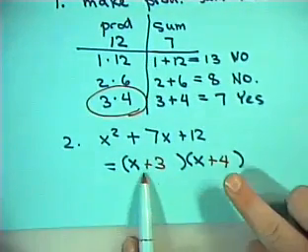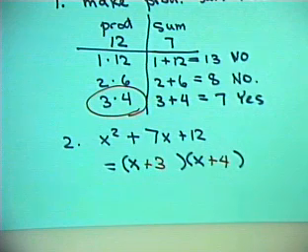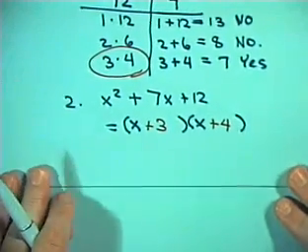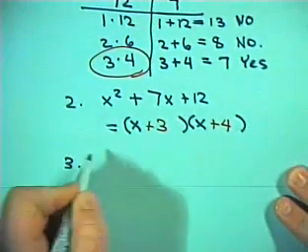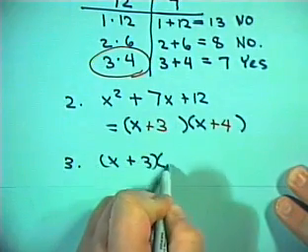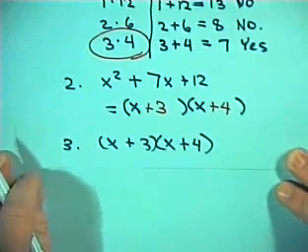This is our solution. What we need to do next is, of course, check it. And of course, you're already in the habit of checking all of your work. This one we will check with FOIL. When we multiply out x plus 3 times x plus 4, we should get back our original trinomial.